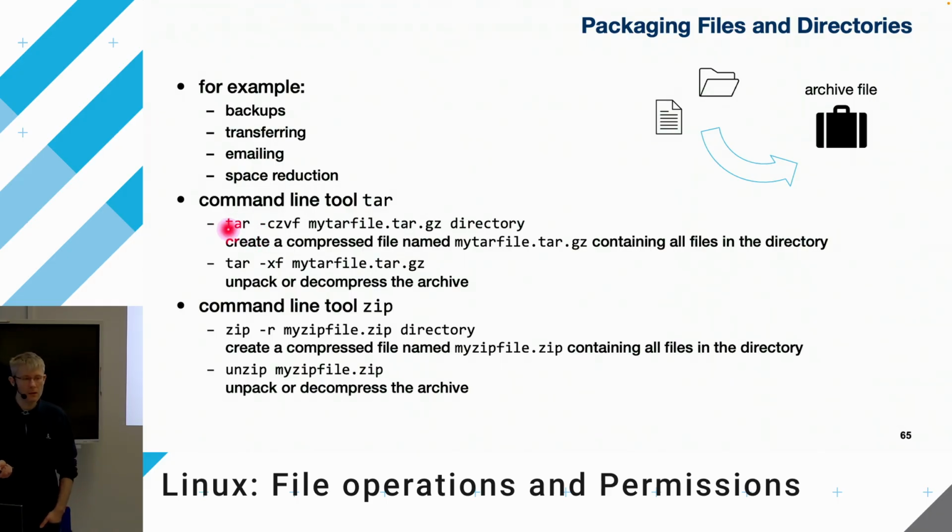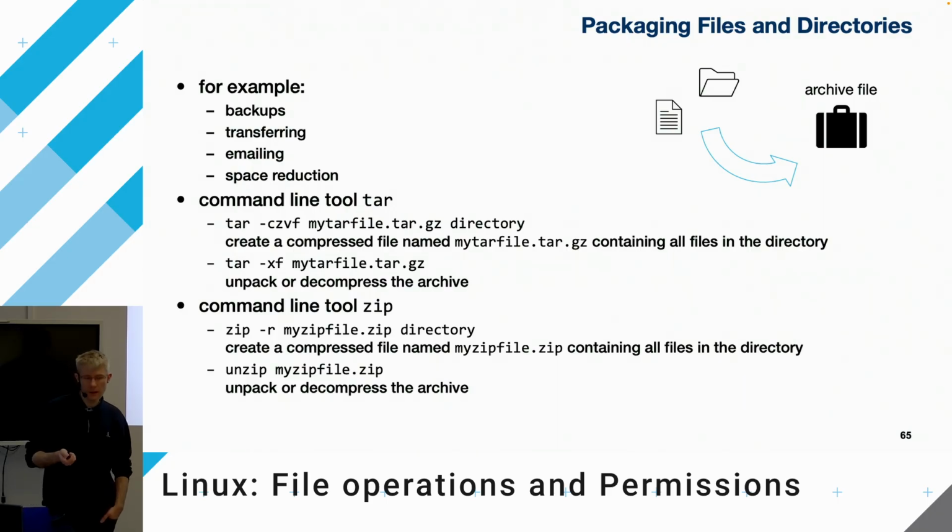This is a command used in Linux and macOS Unix systems to create these tar archives. They are similar to zip archives in that they combine multiple files and then compress them. And with these arguments, create a compressed archive, the archive name is this, and put this directory inside of it. Then you will create this file with all of the files inside.